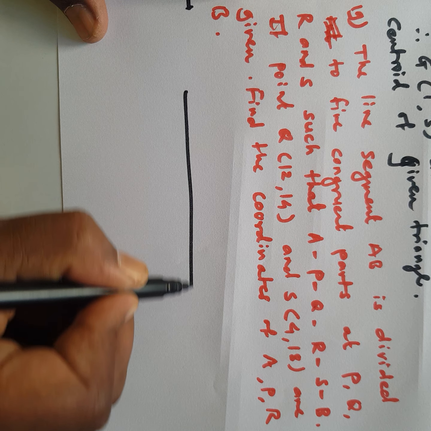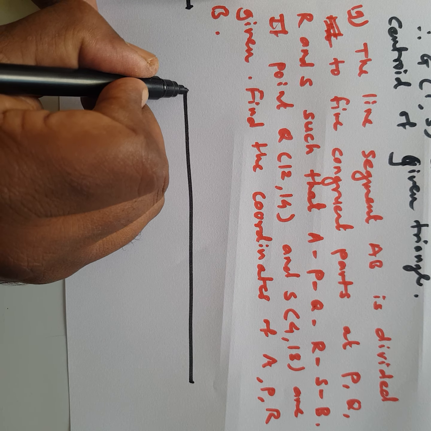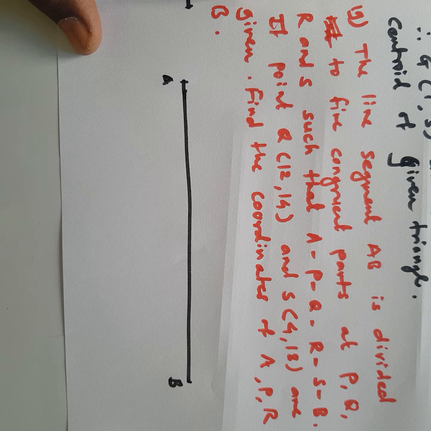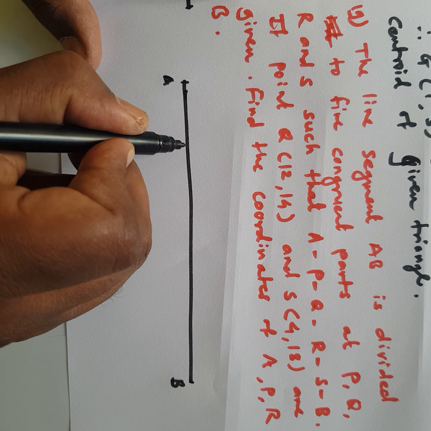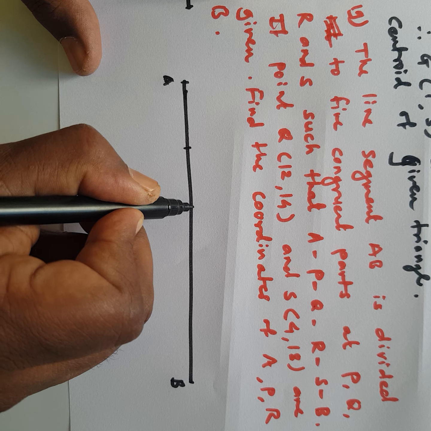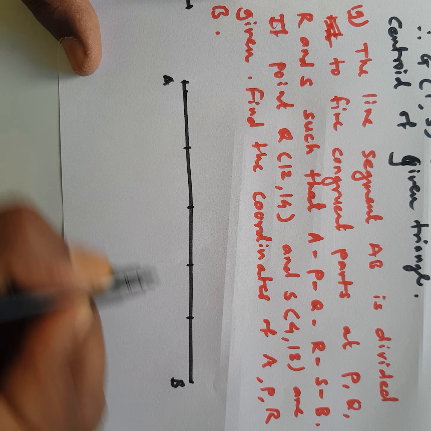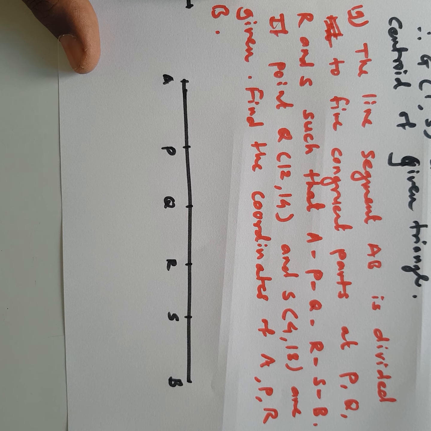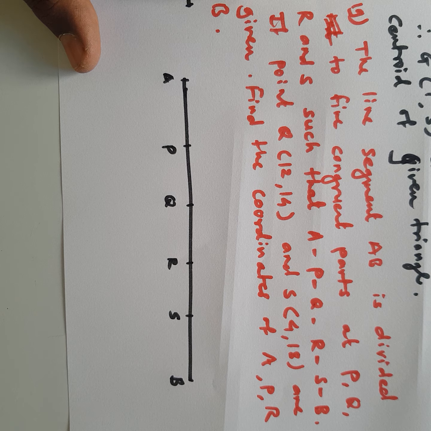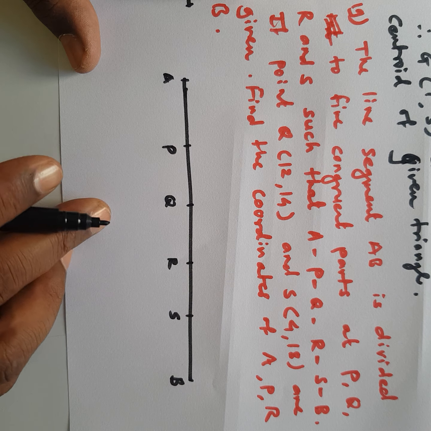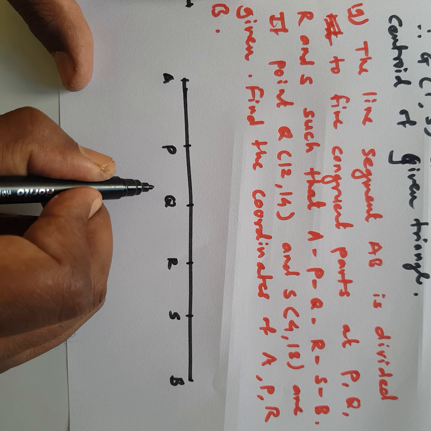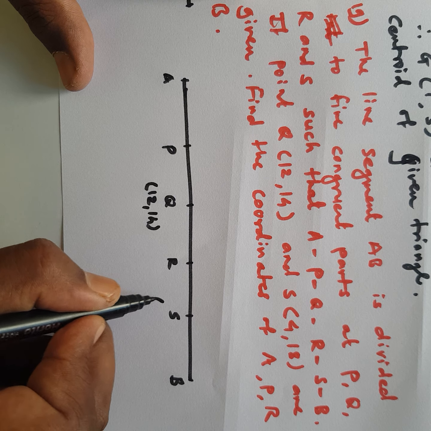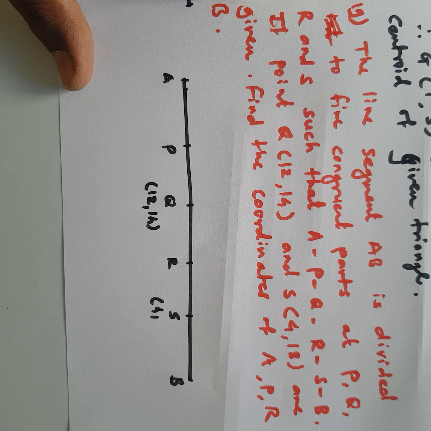See, first, if it is segment AB, then points P, Q, R, S divide segment AB into 5 equal parts, and the coordinates of point Q are 12, 14, and the coordinates of point S are 4, 18.